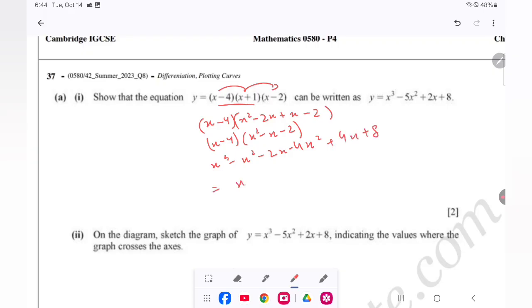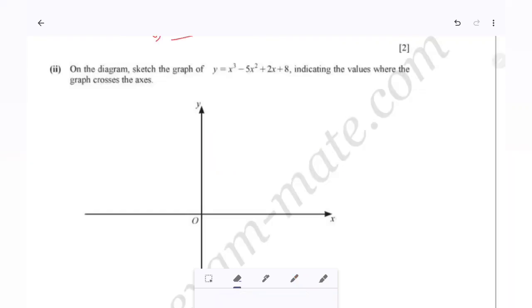Solve it further: x cube minus 5x square plus 2x plus 8, and that is what we had to prove.